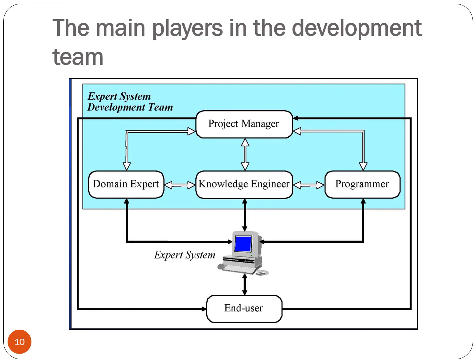We can put this in a block diagram, where we have a project manager, and then a domain expert, knowledge engineer, programmer. These are all what we call the expert system development team, including the end user.